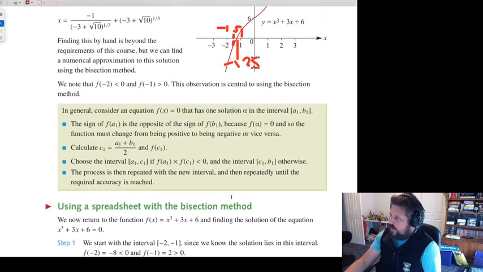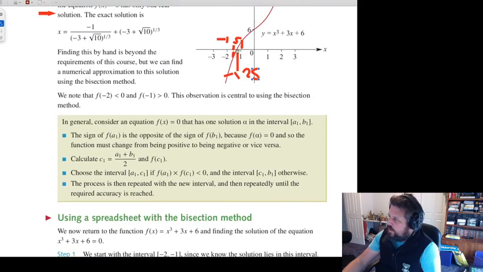So at this point it's above the axis. At negative 1.5 it was a negative value, and at negative 1.25 it's positive, so it has to cross the axis somewhere in between. The solution is now between negative 1.5 and negative 1.25.